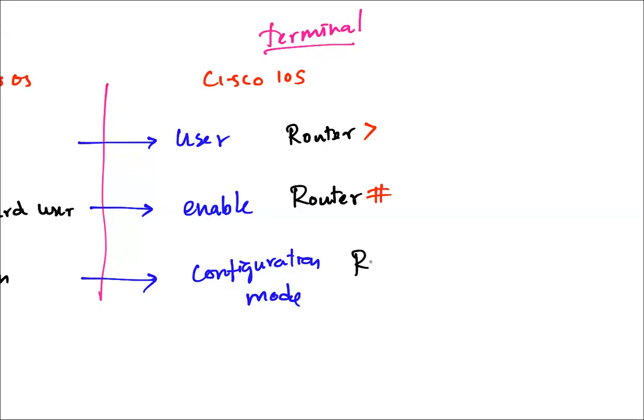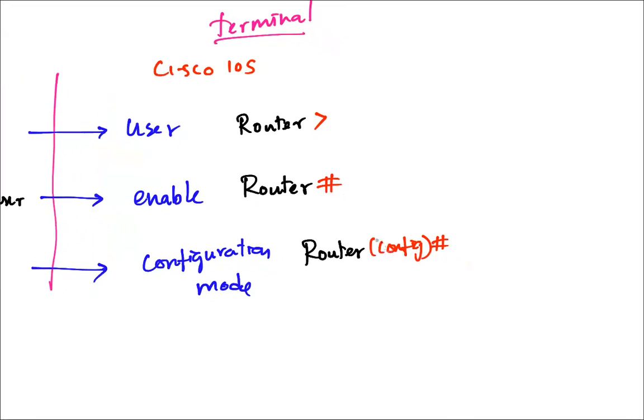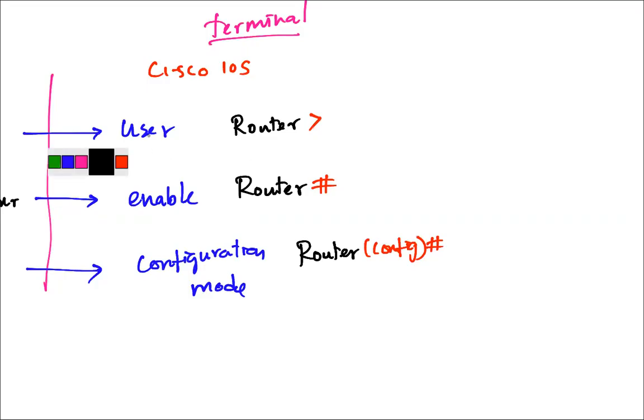Router, then config, and then hash is called configuration mode. So three modes: user, enable, configuration. The user mode is identified with this symbol, the enable mode with this symbol, and the configuration mode this way.